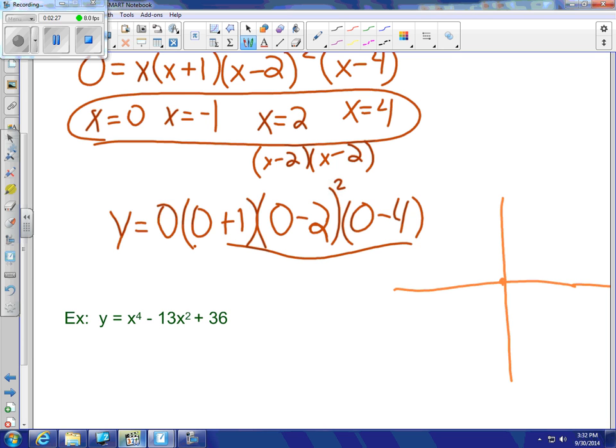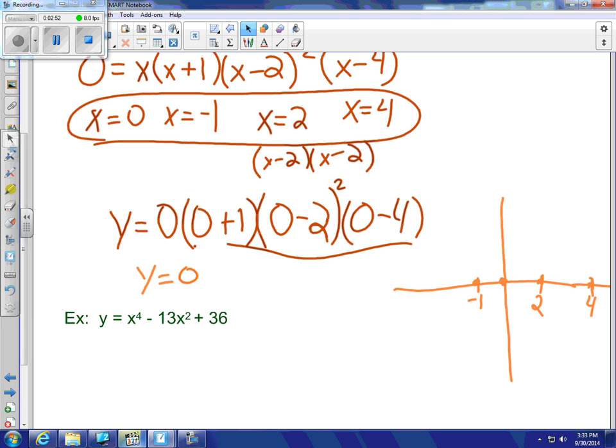Oh, and our y, sorry, y equals 0. That's my bad. Y equals 0, right? So our x and y, we have 0, right? Our y-intercept is 0, and then we have an x-intercept that's 0. And then another x-intercept that's -1, x equals 2, then x also equals 4, right?